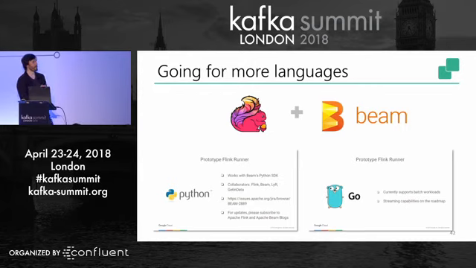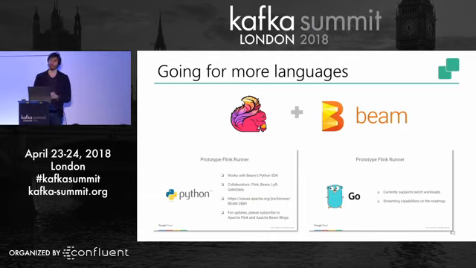If you're a Java and Scala developer, chances are you're in good company. If you're a developer in Python, maybe in Go, it's kind of tricky. So the idea of this project is to build a language portability framework within Beam and use this to plug in languages like Python and Go.